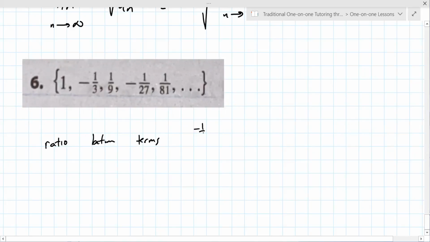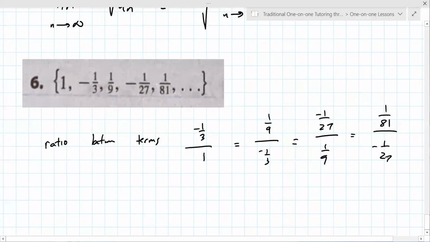So is -1/3 over 1 the same as 1/9 over -1/3? Is that the same as -1/27 over 1/9? Is that the same as 1/81 over -1/27? And the answer is yes, they are. These are all actually -1/3. You can verify that if you want. You have to multiply by the reciprocal, but you will see that they're always that, and that is your r.